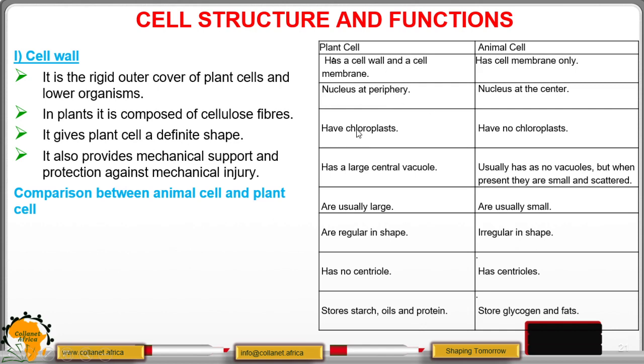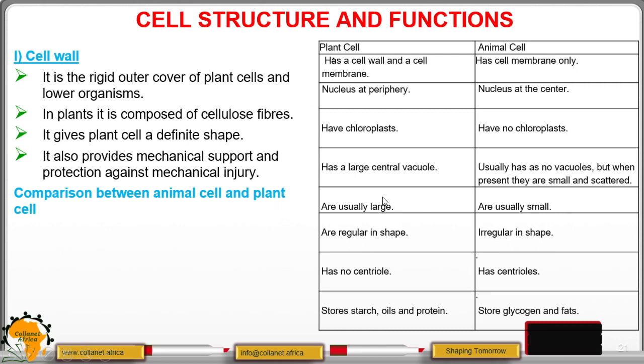Plant cell has chloroplast. Animal cell lacks chloroplast. Plant cell has a large central vacuole which is permanent, but animal cell usually have no vacuoles. In case the vacuoles are present, they are small, temporary, and scattered within the cytoplasm.